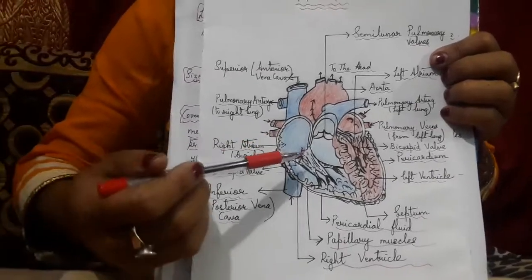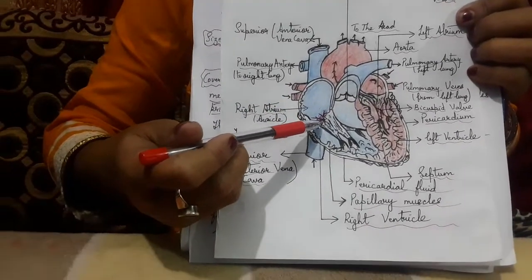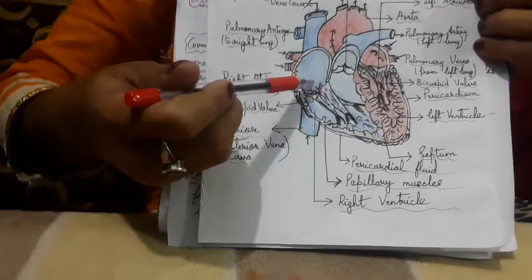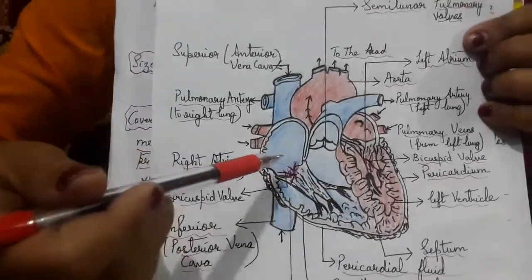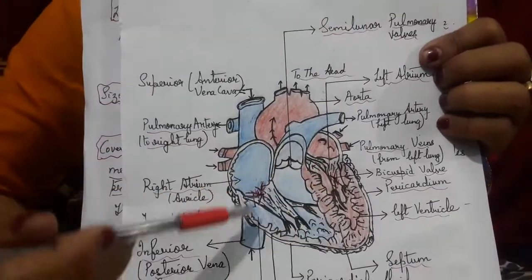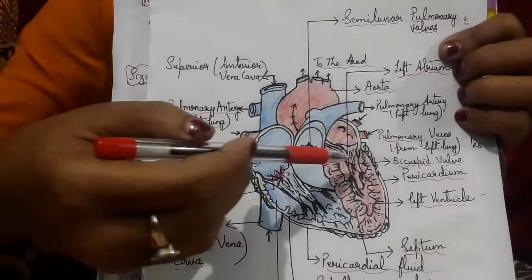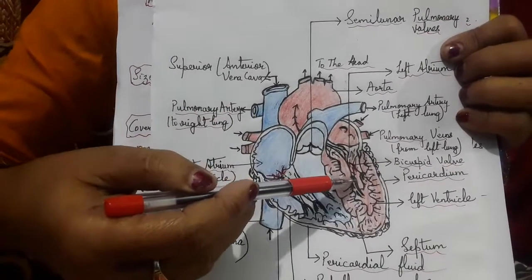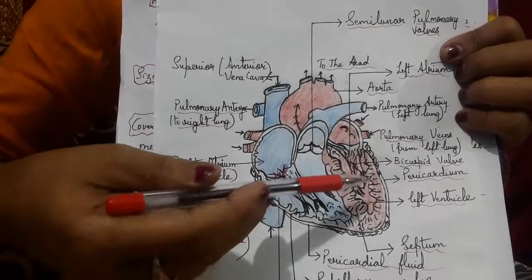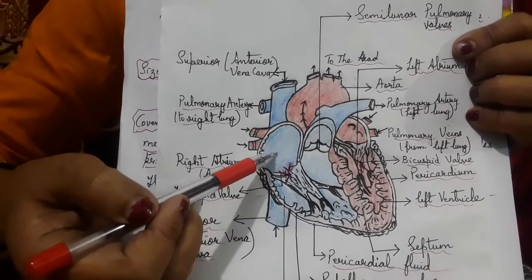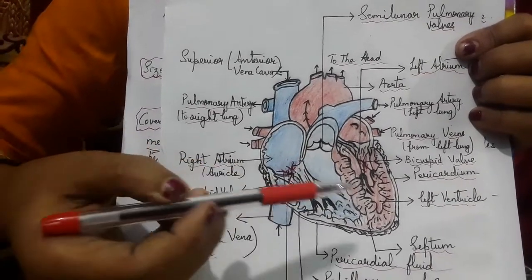Next, we come to the valves. Valves are present in between the chambers of the heart. As I said, heart is four-chambered, and there are valves present in between the auricles and ventricles.